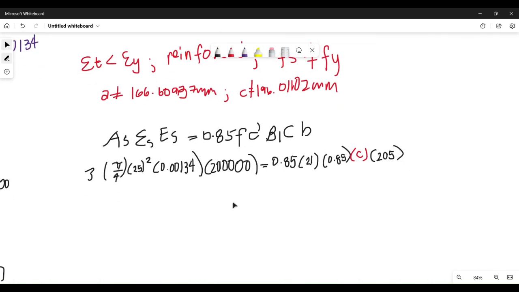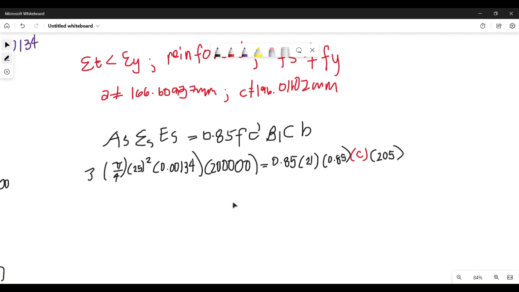So we have 3 times pi over 4 times 25 squared times 0.00134 times 200,000 equal to 0.85 times 21 times 0.85 times C times 205. Shift solve.